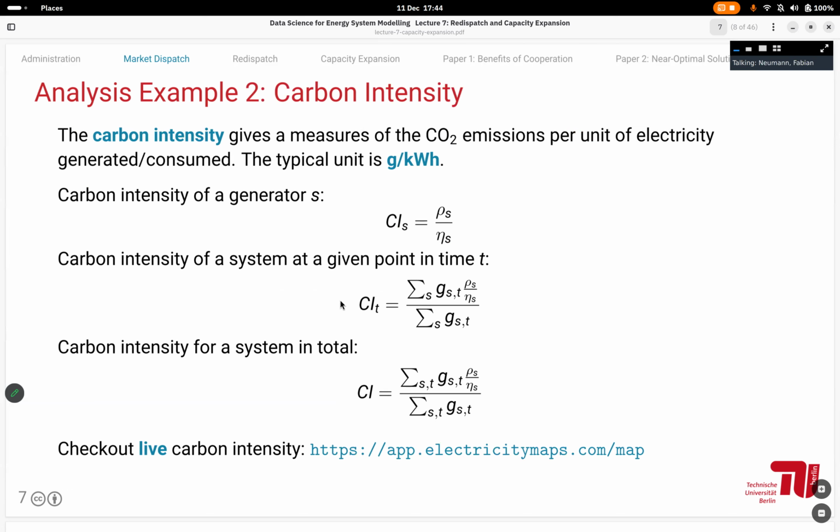Something else that you would often see is a calculation of the carbon intensity of the system. You could use this, for example, to determine how green your data center operates at a given point in time.